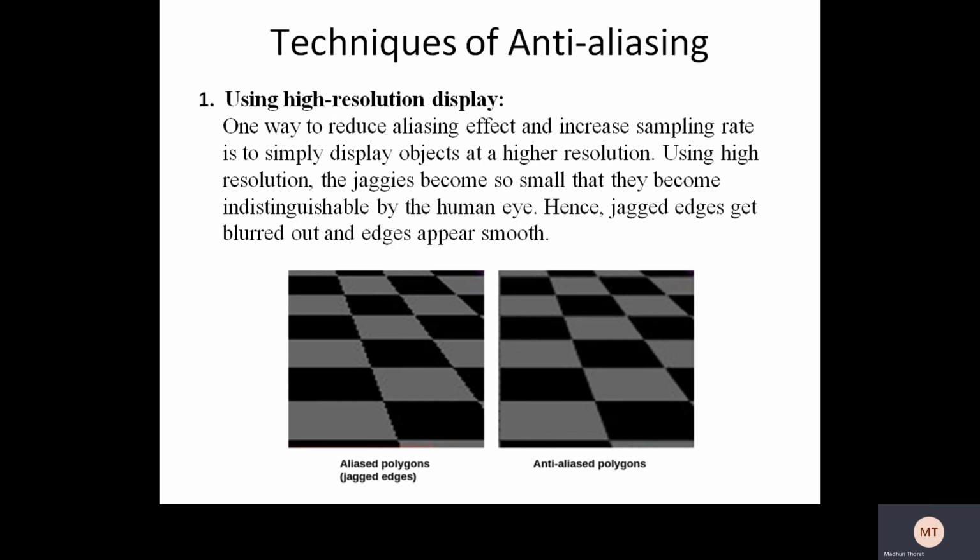Using high resolution, the jagging becomes so small that it becomes indistinguishable to the human eye. So the jagged edges blur out and the edge appears smooth. So in the aliasing polygon, the edges are jagged, that is the blurred image, and in the anti-aliasing polygon, the edges are smooth.